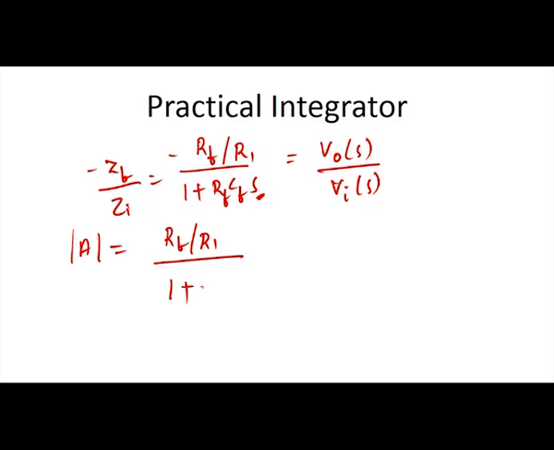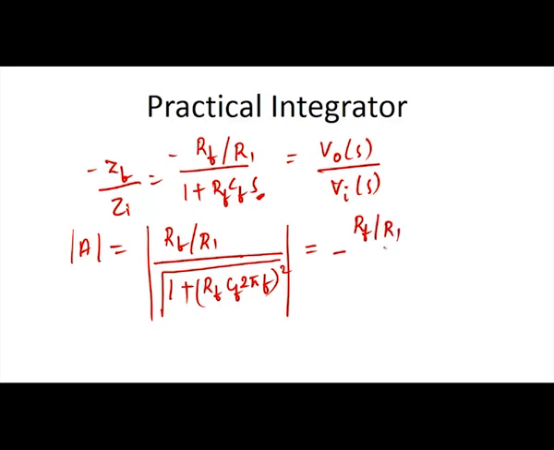So you will be getting here RF CF 2 pi f, mod value, and if you take the mod value, you have to write root of a square plus b square in the denominator, which means the negative sign will go away and the j term will also go off.